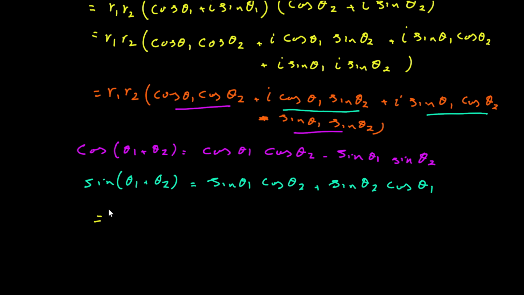So I'll rewrite the whole thing using the identities. The very first term that I had is going to give me the cosine of theta 1 plus theta 2. And for the sine, I said I'm going to factor out the i, and the rest is going to be the sine of theta 1 plus theta 2.